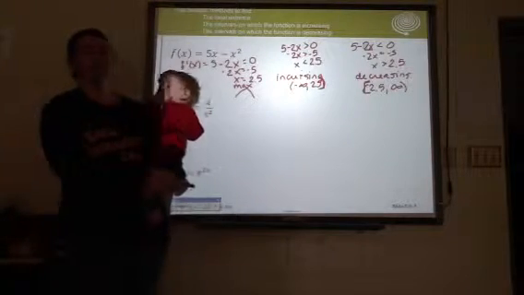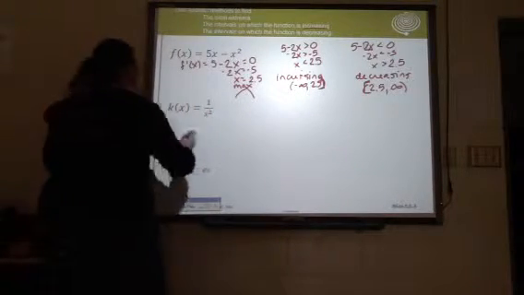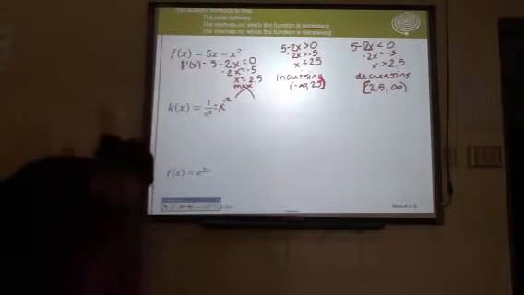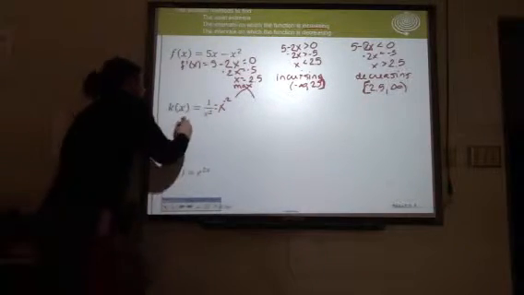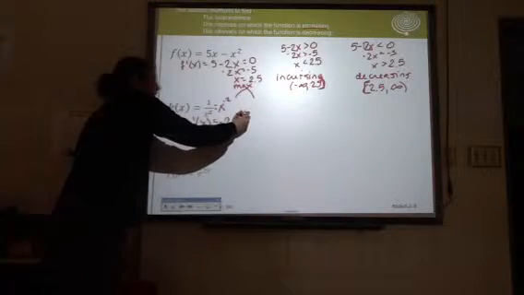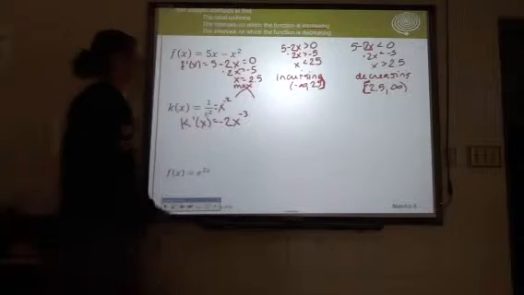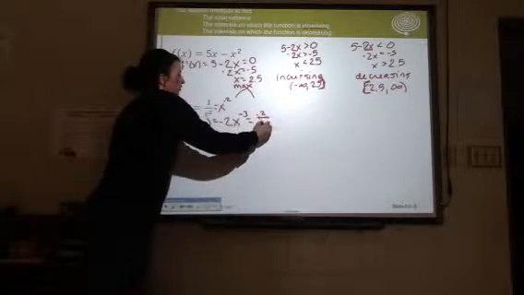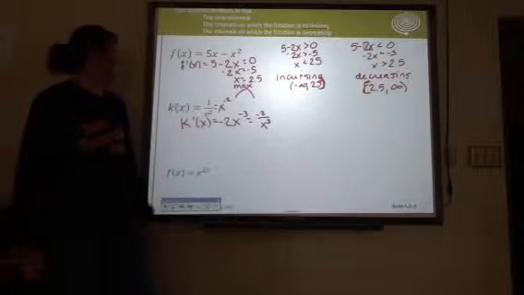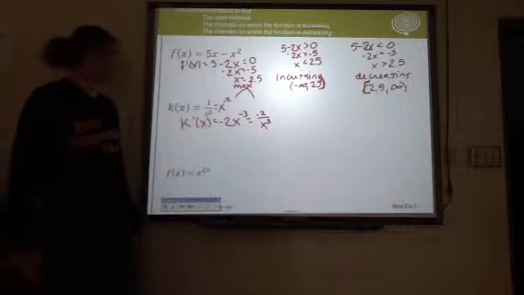Alright, moving on to the second one, starting by finding my derivative. I'm thinking of this as x to the negative 2, and so I have negative 2x to the negative 3. This derivative, negative 2 over x cubed, is never going to be 0, and it's going to be undefined when x equals 0.